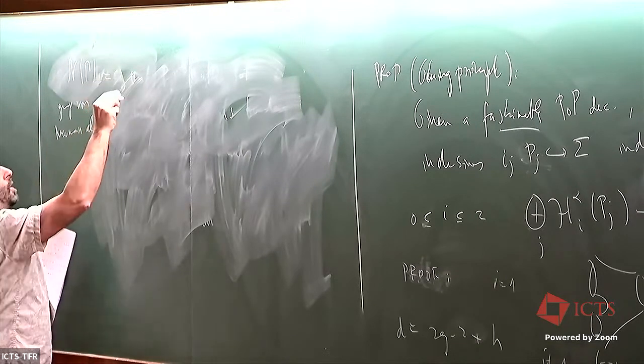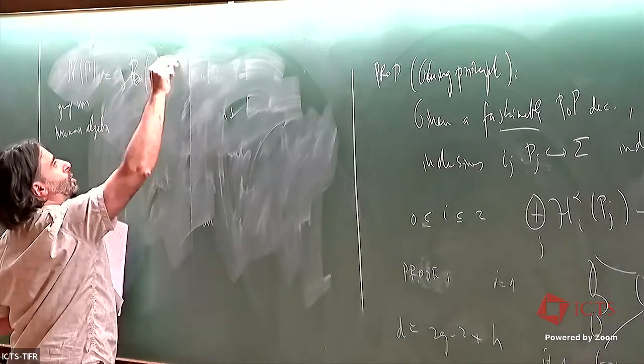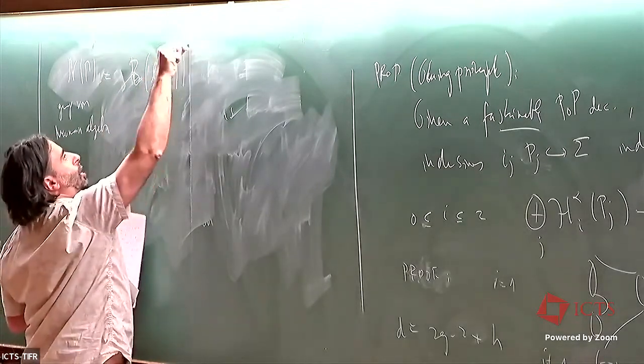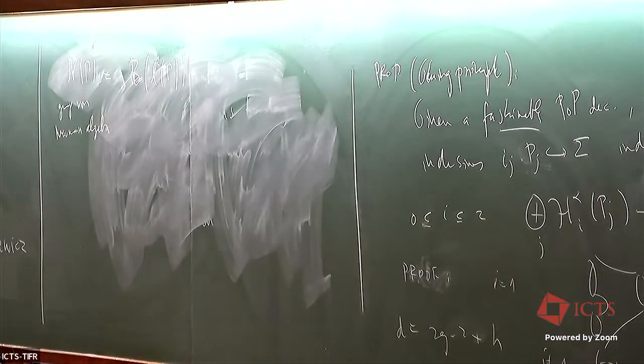This is just bounded operators from L2 to L2 which are equivariant. So gamma acts on L2 in the obvious way.